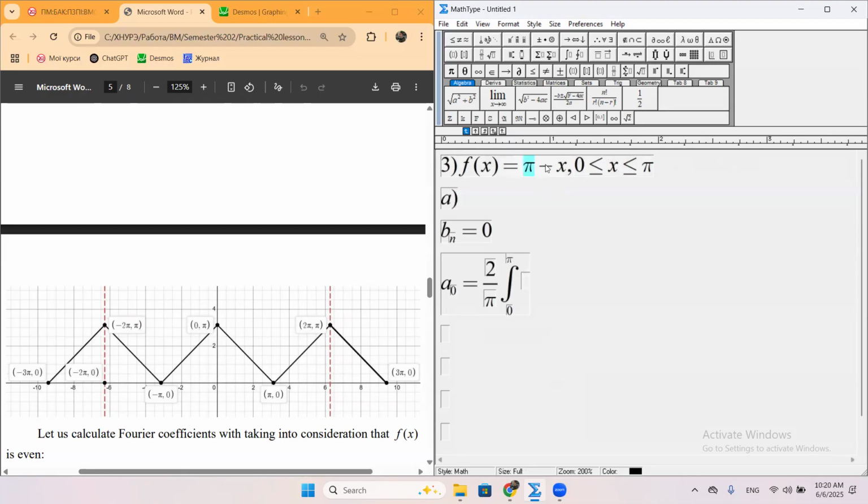So p minus x integrated from 0 to p. It will be equal to px minus 1 over 2 x squared with substitutions from 0 to p.